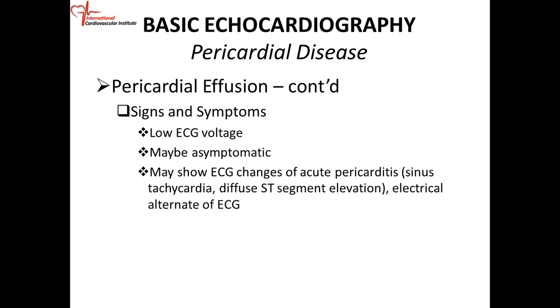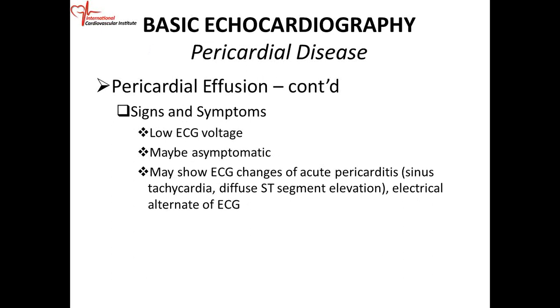In aVR, you're going to have ST depression. So again, the hallmark ECG features of acute pericarditis: sinus tachycardia, diffuse ST segment elevation, PR segment depression.